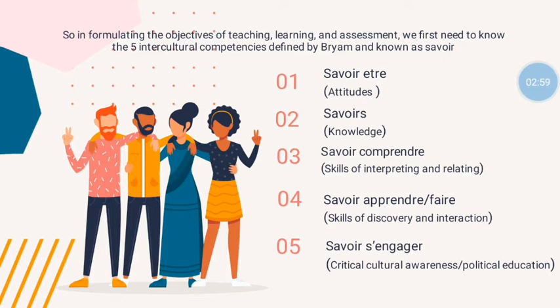For the fourth, savoir apprendre or faire, or skills of discovery and interaction. It means that one can find new knowledge about culture or cultural activities from different social groups or countries and be able to apply that knowledge in our country.